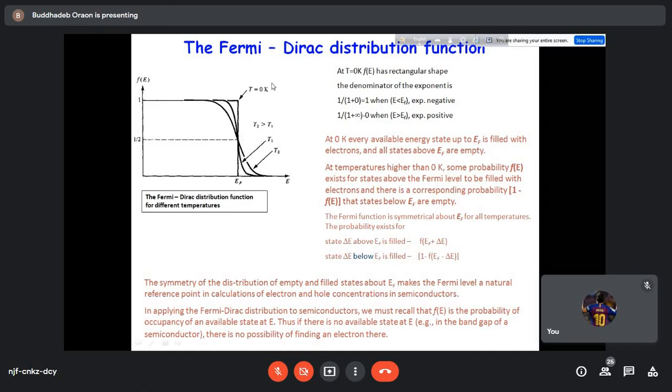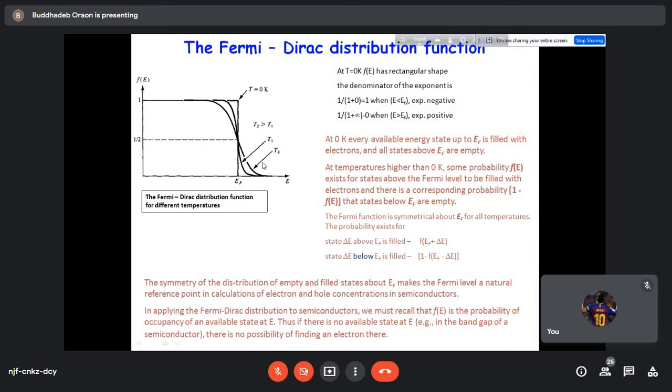But if we increase the temperature beyond zero, what will happen? Some of the electrons which have energy levels below the Fermi energy level will absorb some energy and go beyond the Fermi energy level.